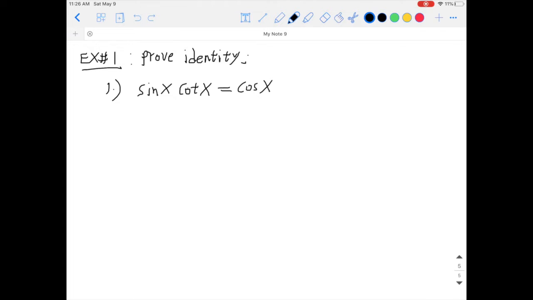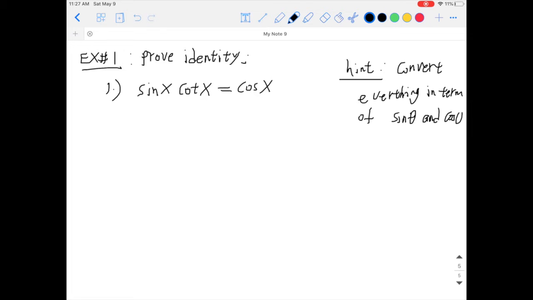So the hint would be always convert everything in terms of sine theta and cosine theta, or in this case sine x or cosine x, they're always fine. So always convert everything in terms of sine and cosine.